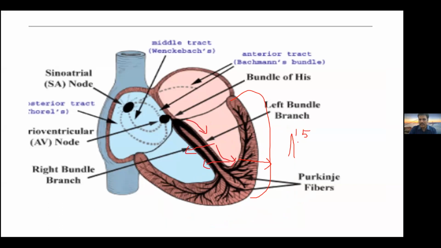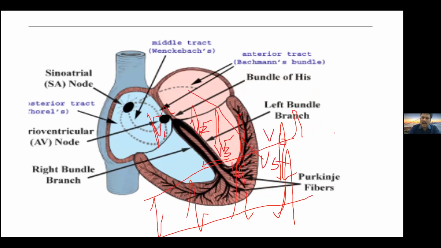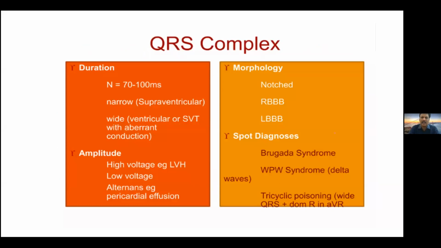When it travels a longer time, it will be 25 millimeter. That means the patient is having left ventricular hypertrophy. Now we understand the longer the time traveling, the more the height of the R wave. So in left ventricular hypertrophy, the height of the R wave is much taller.